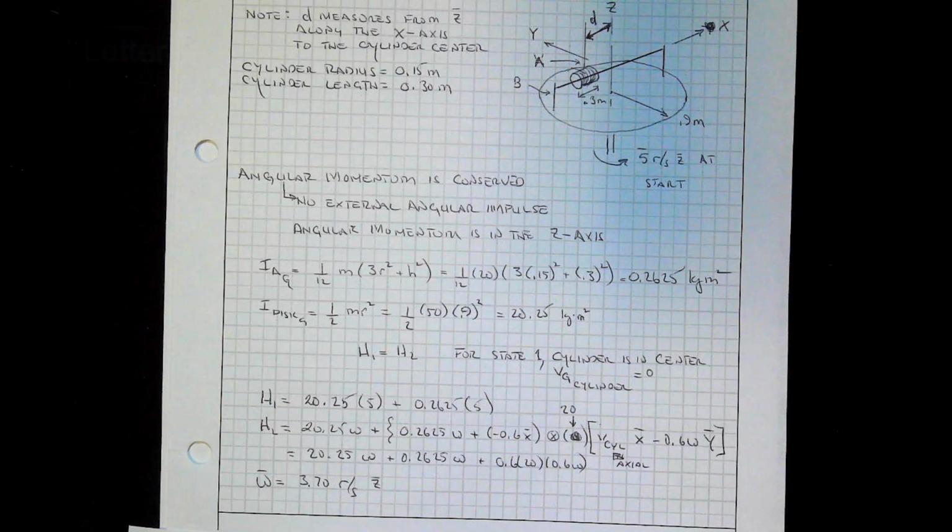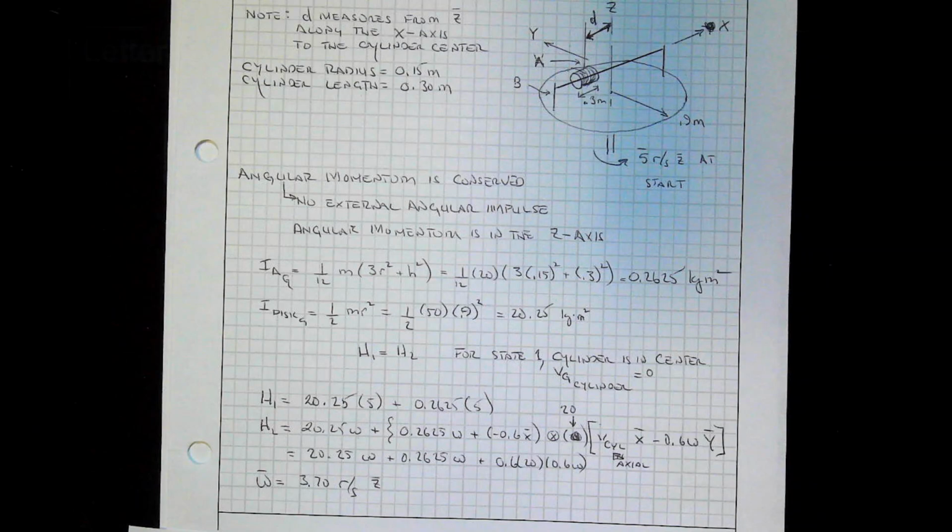So here's the 1/2 I omega squared, because this is rotating. And then we have the 1/2 mv squared. So 1/2 of 20, and as this goes out 0.6 meters off the center, 0.6 times whatever omega is the velocity perpendicular to the rod.